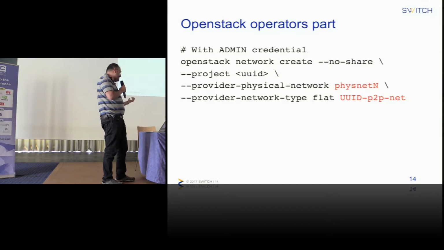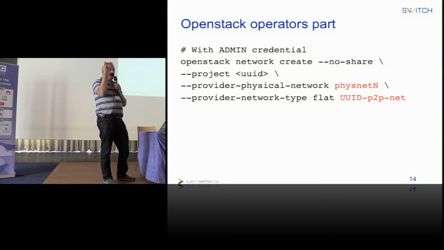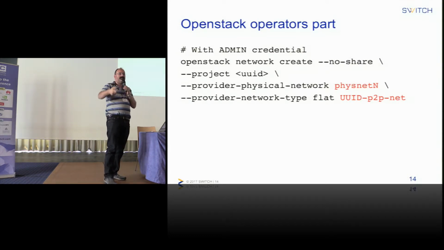This operation has to be done by an administrator, because here what are you doing? Here you are really mapping an OpenStack network that belongs to a tenant. You are mapping it to a real physical interface, and this physical interface is connected to the university.